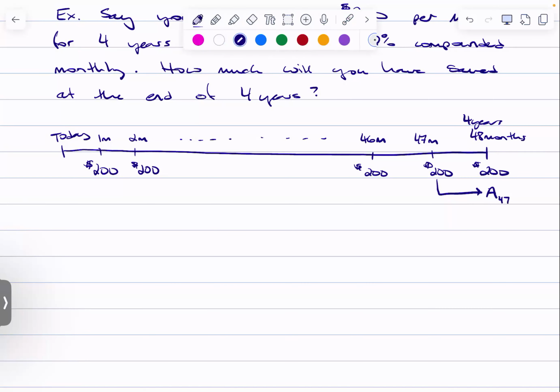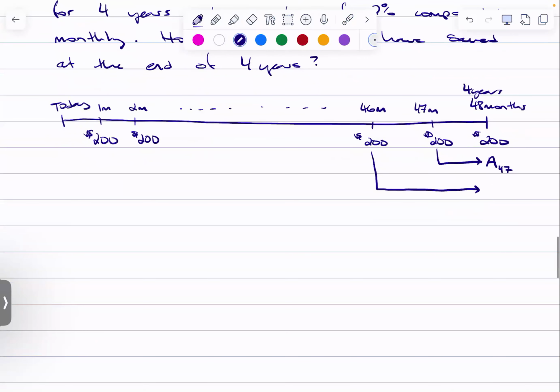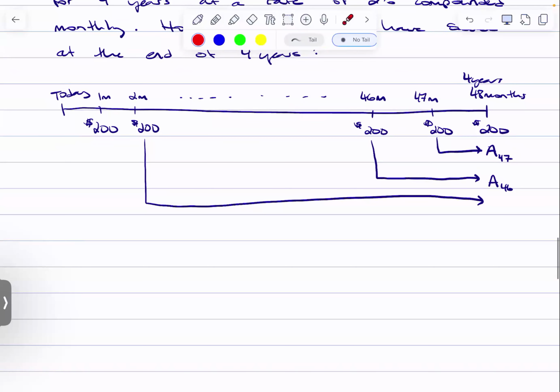I'll say A47 for the 47th month, because each payment that you make is going to have its own A. And so you would find the accumulated amount after 1 month, because it only sat there for 1 month. But this one sat there for 2 months, so it'll be a little bit bigger. Oops, 46. This one sat there for 46 months, because it was deposited at the 2 month mark.